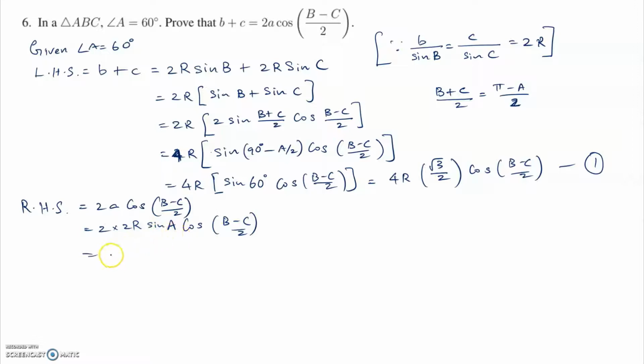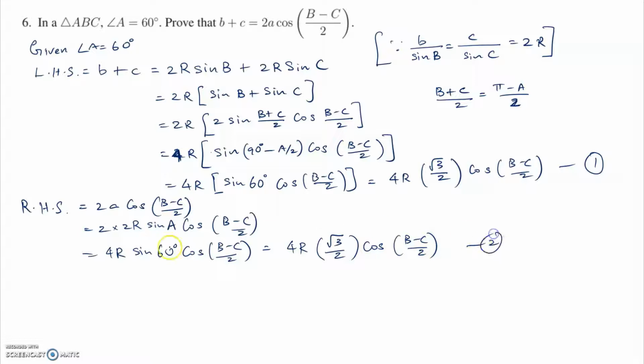A is 60 degrees. So this is 4R into sin 60 degrees into cos (B minus C)/2. Sin 60 degrees is root 3 by 2. So this is 4R into root 3 by 2 into cos (B minus C)/2.